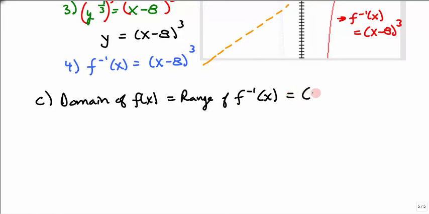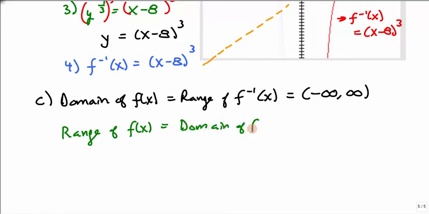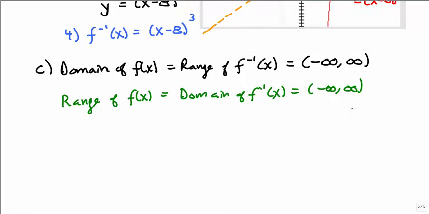And they're both equal to all real numbers from negative to positive infinity. Now the same will hold true for the range of f of x being the same as the domain of the inverse. And in this case, it's all real numbers, negative to positive infinity. So these are not all that interesting because they're all real numbers, but some graphs you will get something a little bit different for.